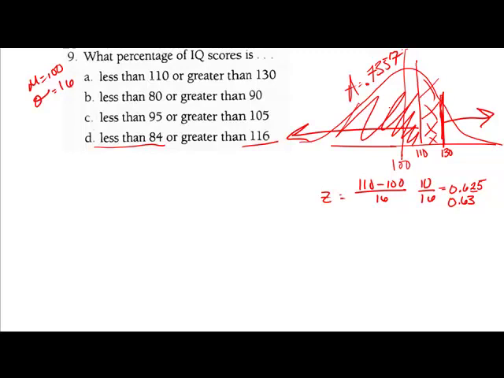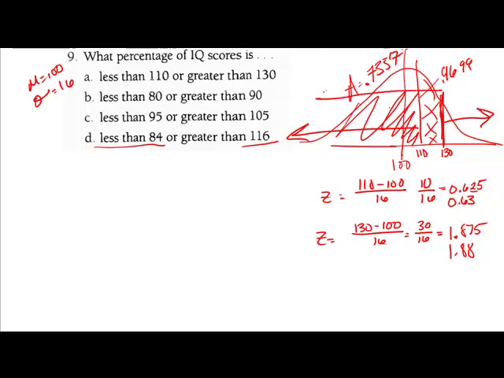Now I need greater than 130. So my z-score for 130 is... table, 1.8 over to the 8 column, 96.99.